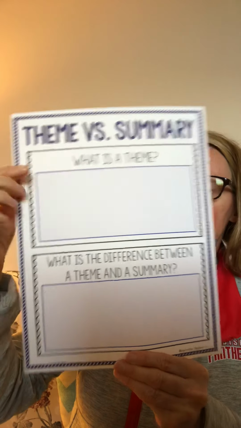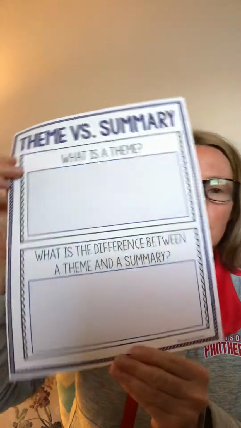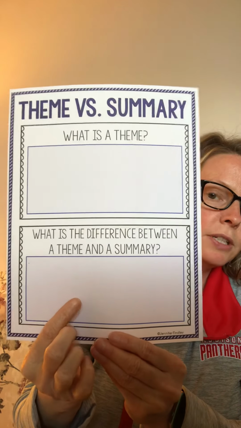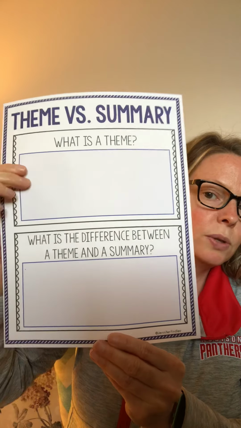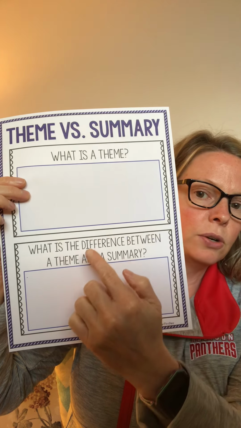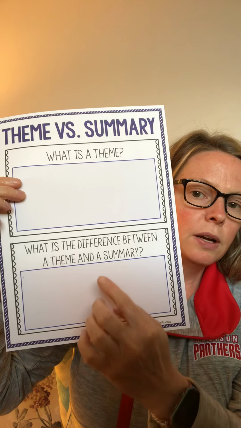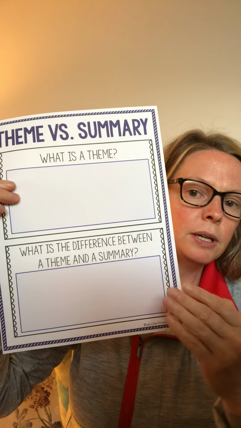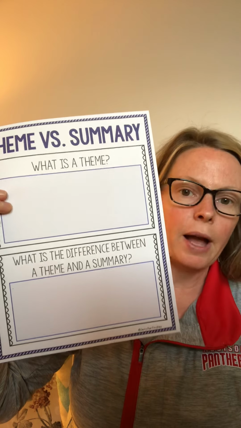So this would be theme, and then down here, being able to just understand the difference between theme and a summary. So theme is the message that the author is trying to get to you, and the difference would be the summary would be somebody retelling the book, what happened in the book. And that's not a message, it's just saying what already happened.